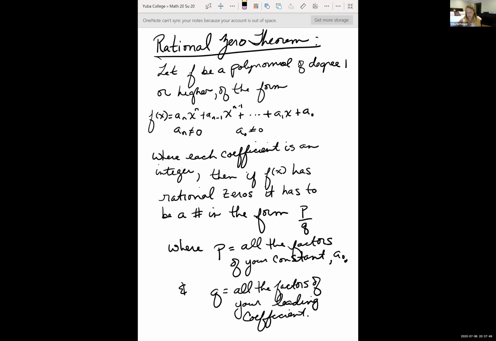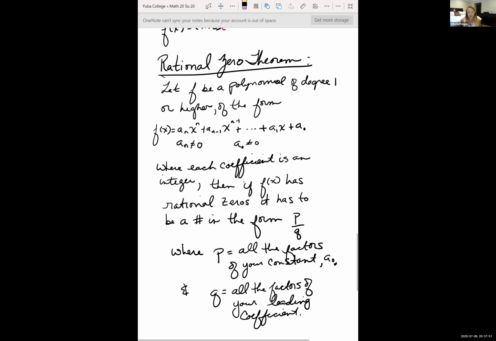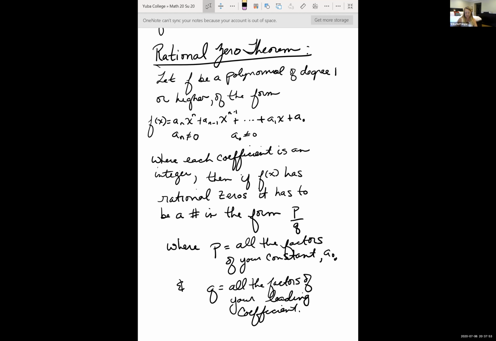Okay, so let me just kind of explain how huge this theorem really is. So basically, we can find any value which sets our polynomial equal to 0. We know that there is at least that number of zeros, the degree, and that includes multiplicity when we're counting multiplicity. Well, we didn't know how to factor things before if it wasn't quadratic, but now we can break this down and factor it.